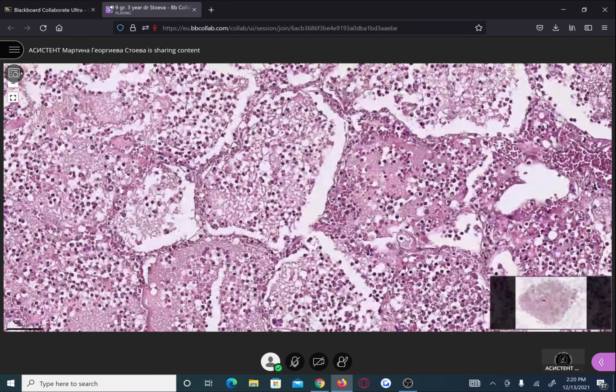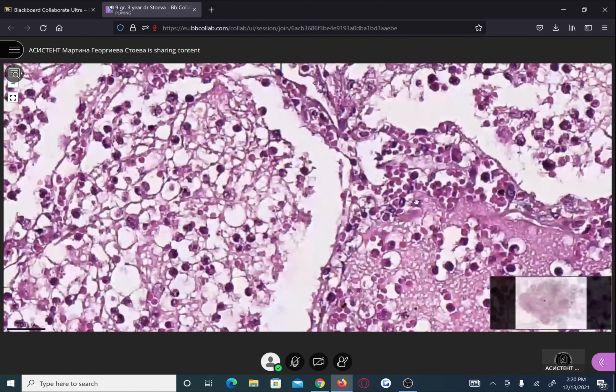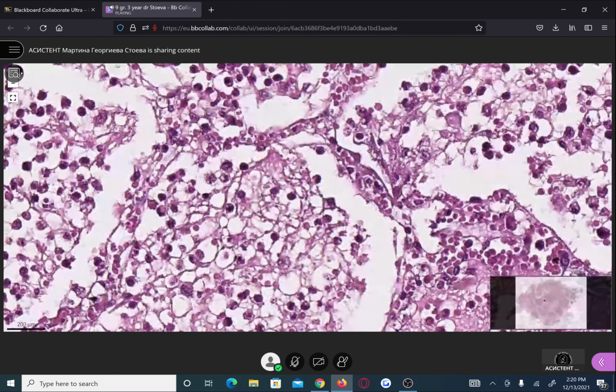Within the septae, we can find dilated vessels from the microcirculation, which are filled with erythrocytes. This is again hyperemia, that is characteristic for all the variants of acute inflammation.